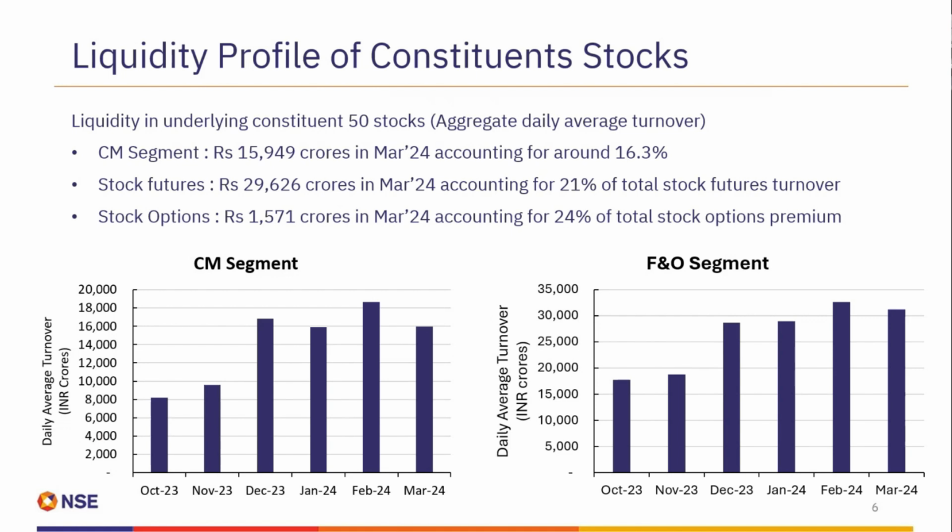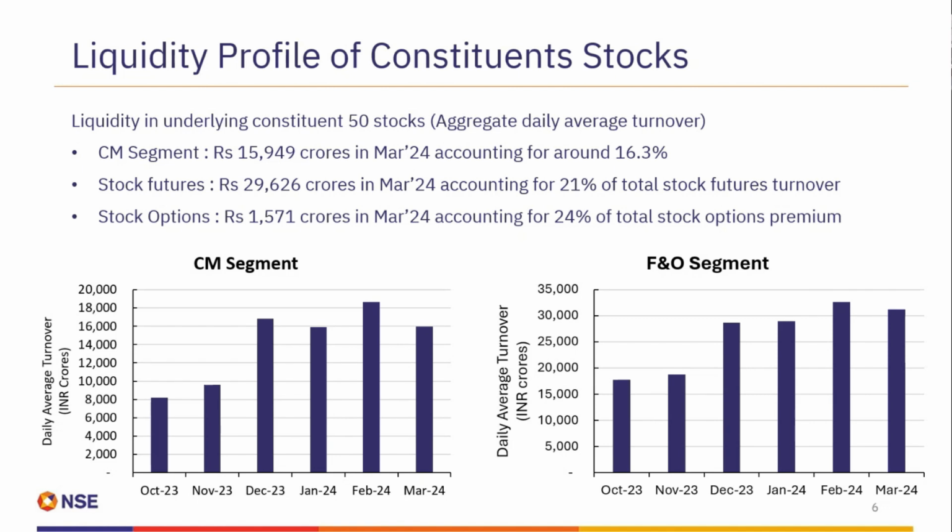Yeah. So the underlying 50 constituent stocks are very liquid. In terms of turnover, all 50 stocks put together account for almost 15,950 crores of the capital market turnover, which is almost 16.3% of the CM turnover in March.